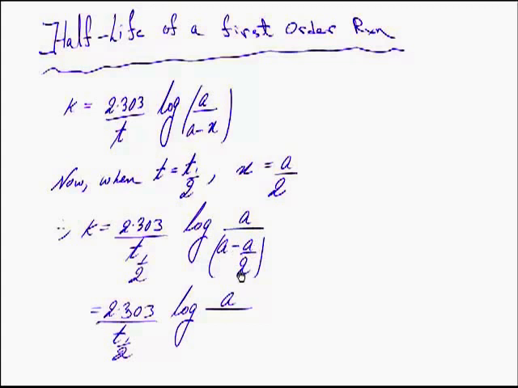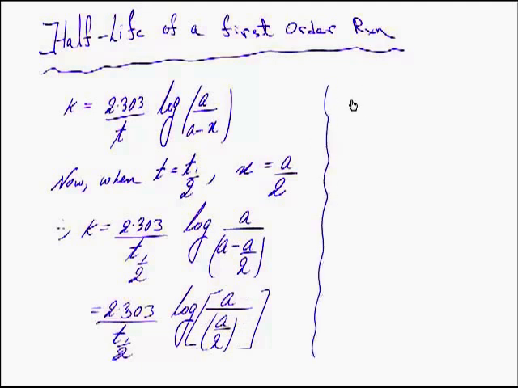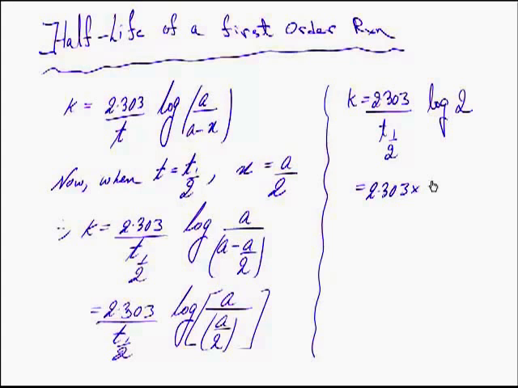A minus a upon 2 will be a upon 2. So on rearranging and cancelling, what we will get is k is equal to 2.303 by t half log of 2. And I'm sure most of you all know the log of 2 by heart. So log of 2 is 0.3010, and that is divided by t half.